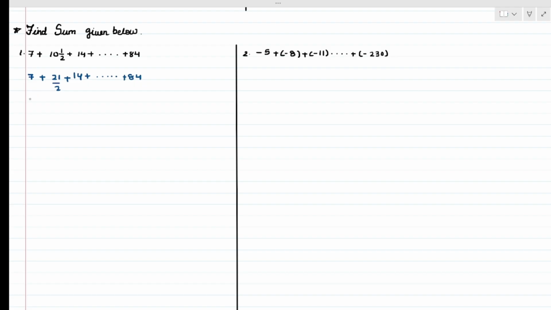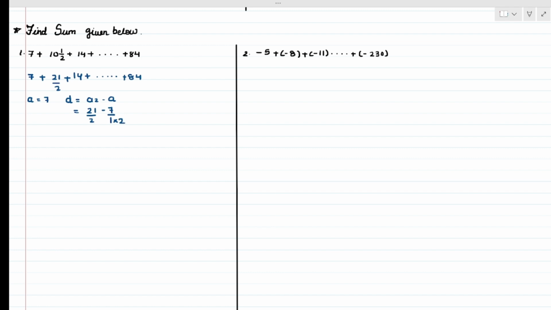As we know from earlier, our A will be 7. What will be D? The D formula is A2 minus A. That means 21 upon 2 minus 7. Can you subtract this? No, you can't. First of all, you need to do your LCM and convert your denominators into the same numbers. So this is 2, this is 1.